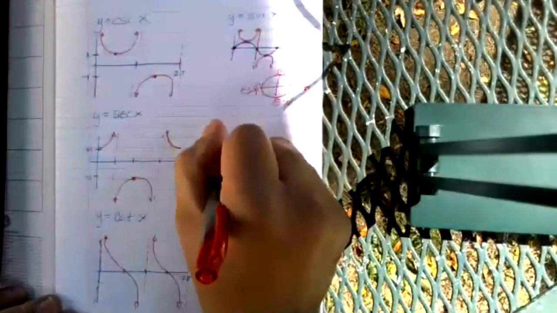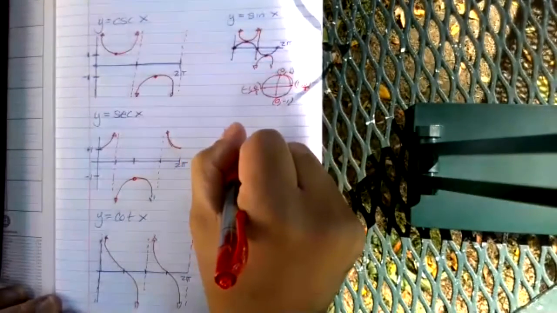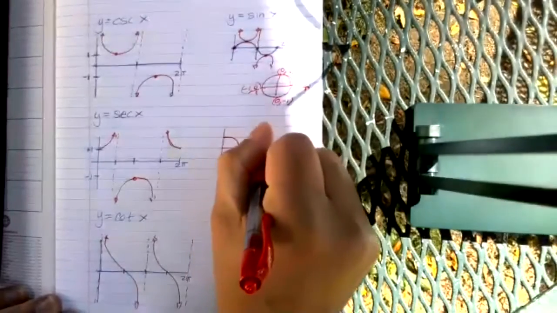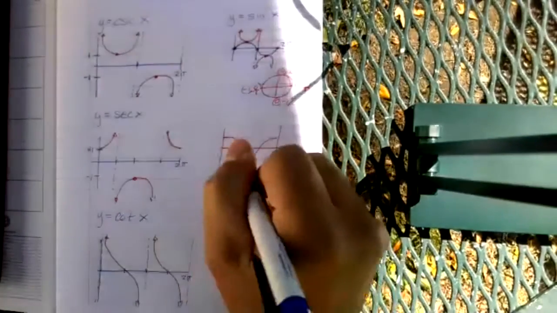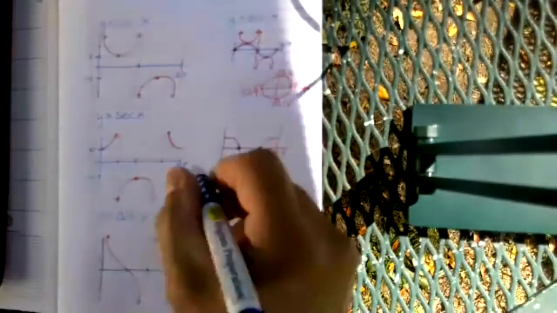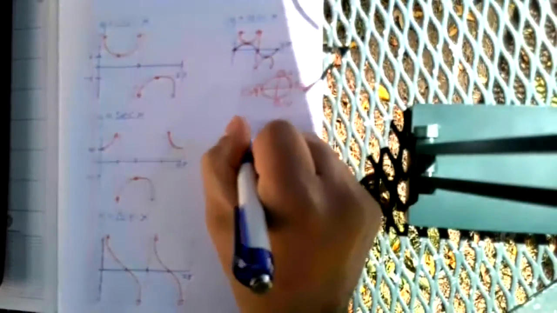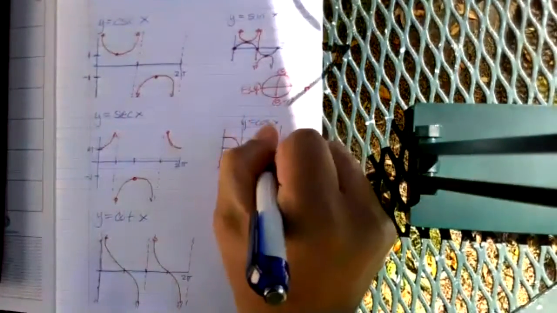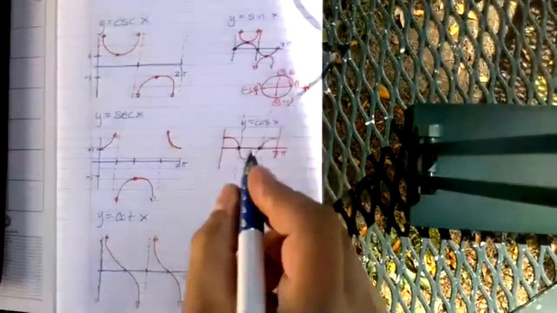Similarly, if I draw a cosine curve to 2 pi, we see once again, everywhere we have a 0 in our cosine curve, we're going to have an asymptote for the reciprocal, because the reciprocal of 0 is undefined.